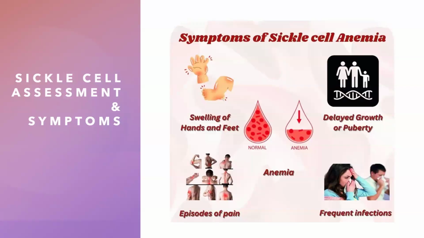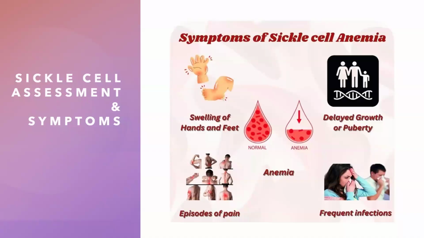So, what are the symptoms of sickle cell anemia? Of course, it's swelling of the hands and feet, and episodes of pain in various parts of their body, depending on where the clumping occurs. It usually manifests itself at 6 months of age when the hemoglobin levels begin to fall.